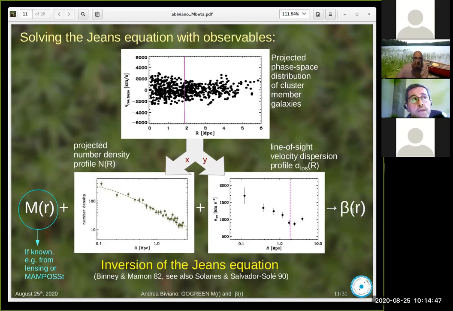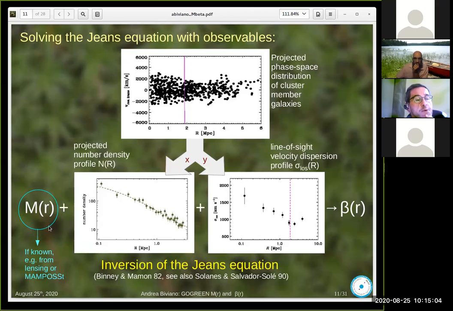And theory is very good in predicting which are the mass profiles of clusters, but doesn't tell you much about the velocity anisotropy profile. So I prefer to define the derived velocity anisotropy profile after running MAMPOSSt.